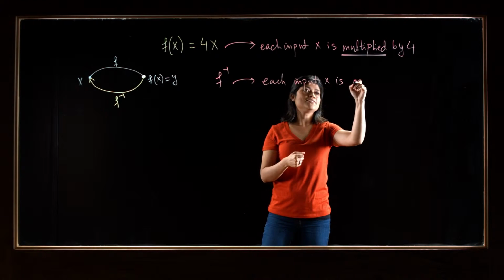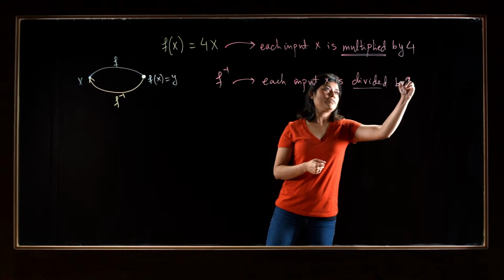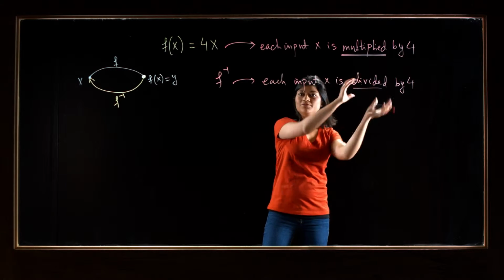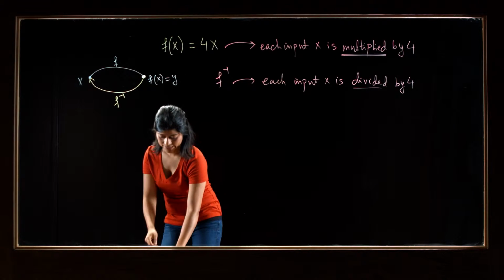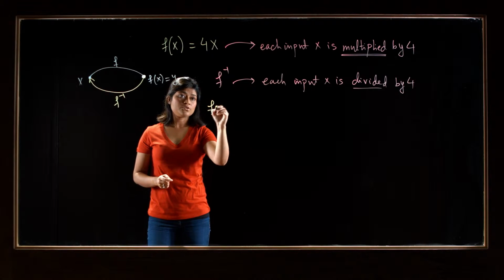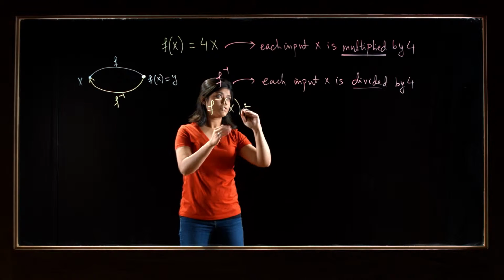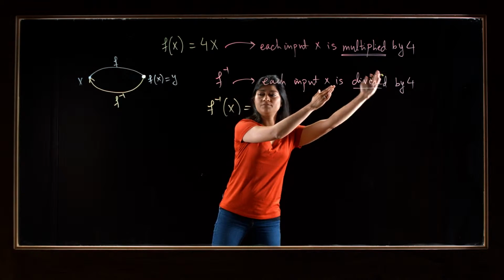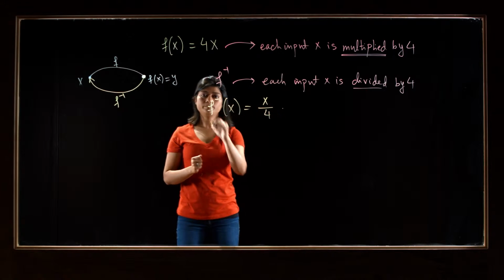Each input is divided by 4 because that's the inverse operation, right? So let's write it down. What is f inverse of x? If we follow this rule, each x is divided by 4, therefore f inverse should be x over 4.